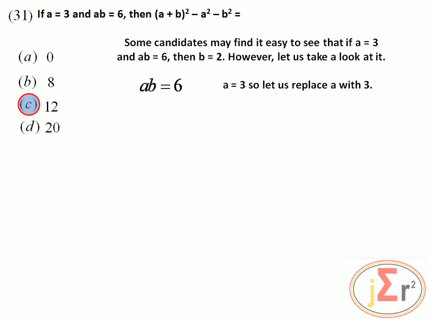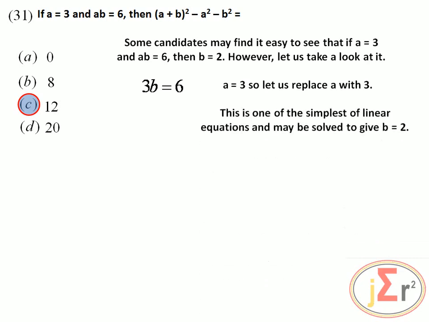A is equal to 3, so let us replace a with 3. What do we have? 3b is equal to 6. This is one of the simplest of linear equations and may be solved to give b is equal to 2.